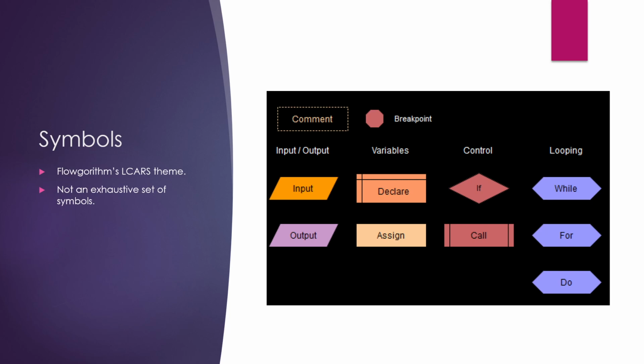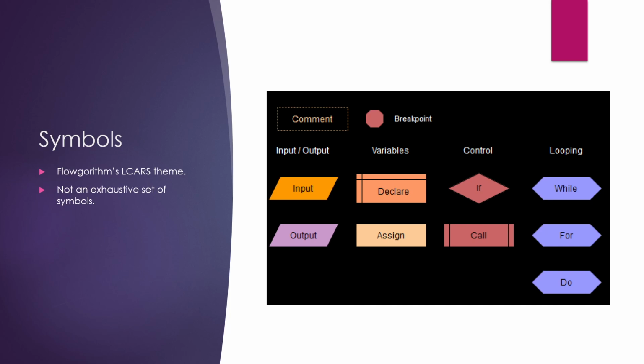And you can see here, each of these is labeled to do something different. This first parallelogram in orange, that's for input, and the purple parallelogram is your output. The rectangle in orange is a declaration, and then the simpler rectangle that's kind of a light tan, that's your assignment. You can think of that as like your equals operator, and so on and so forth.